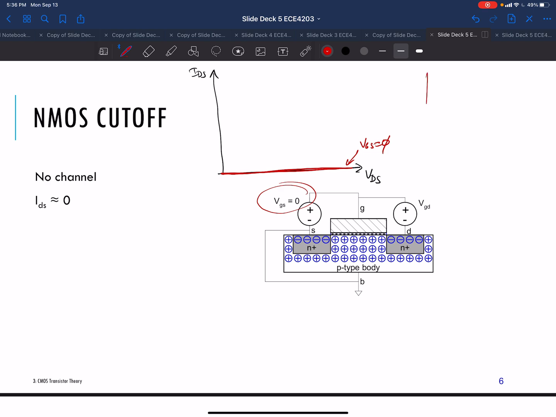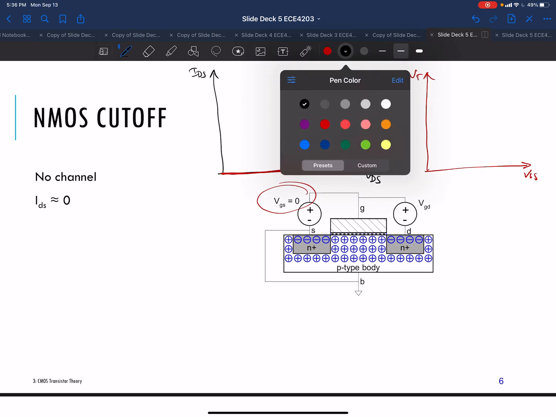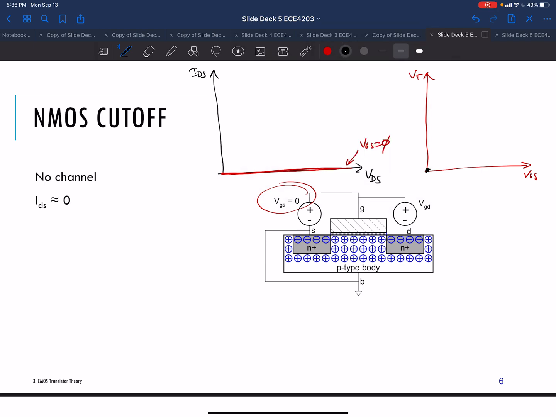And if I draw VGS versus VT, VGS would just be one point here. And again, no current would flow. With different VDSs, it'd just be sitting there. Sorry, I didn't mean to make it VT on this.